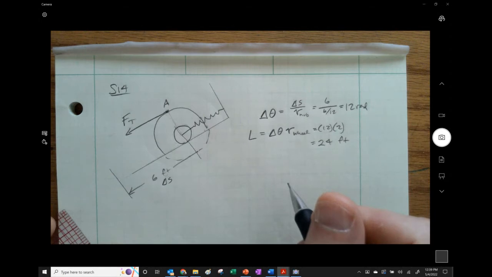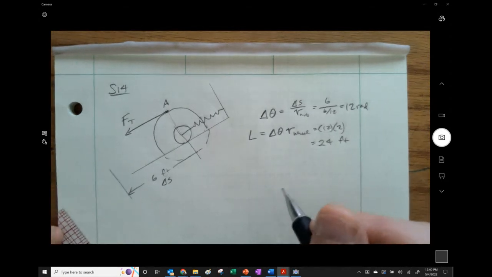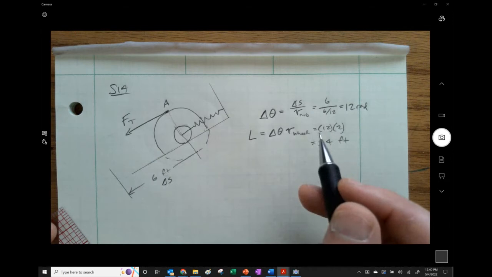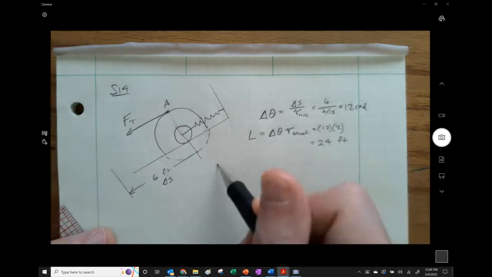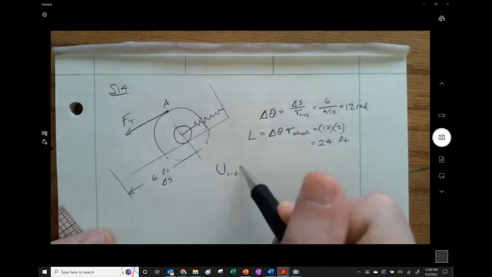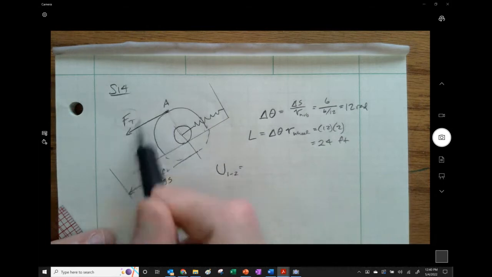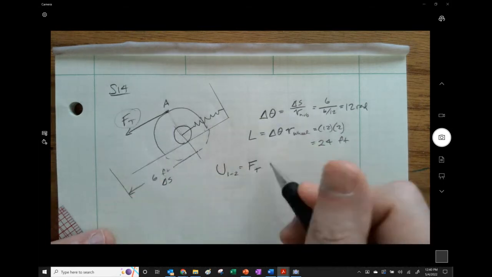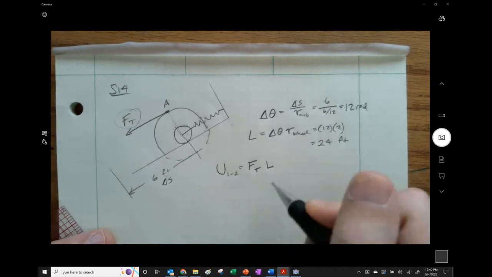The external work performed on the system by the cable. That could be done in one of two ways, right? The main way to do it, given the fact that we have this tension already, I say we just go F times L, right?